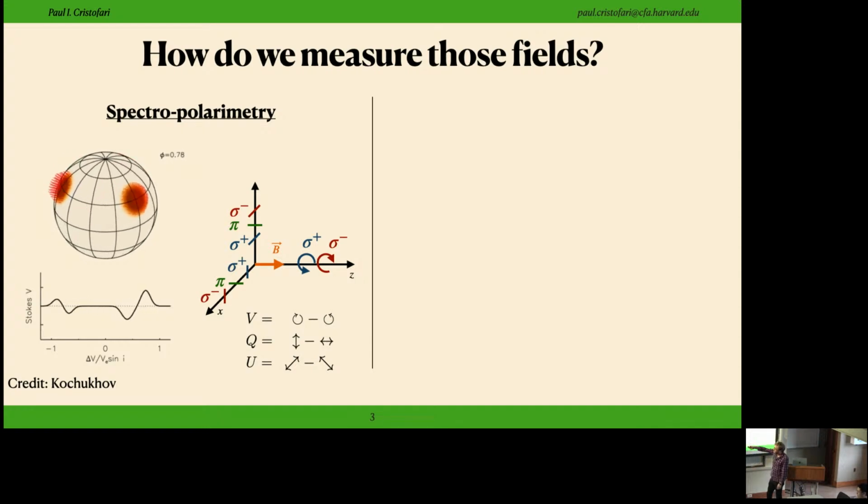If you have a star that rotates and has large-scale field structures at the surface, you can invert the problem, and from the variation of the signal, reproduce the large-scale structures. This is typically what's done with Zeeman Doppler imaging, ZDI, which is very powerful at doing this.